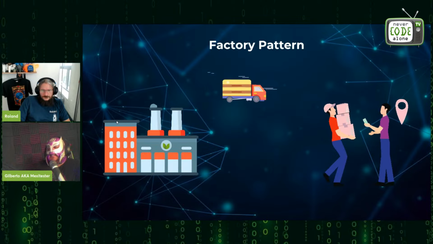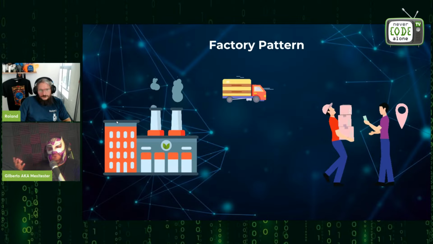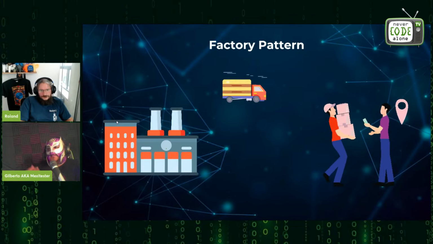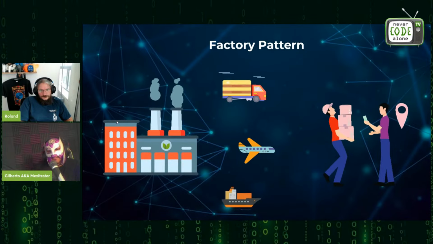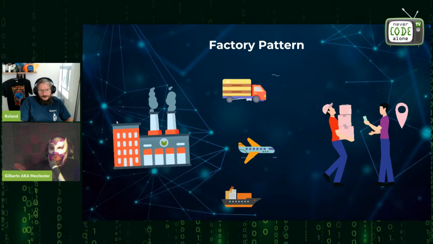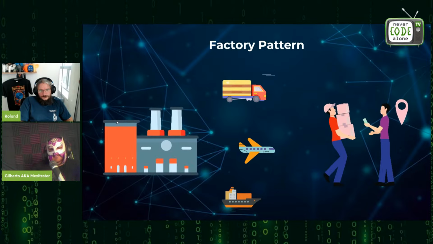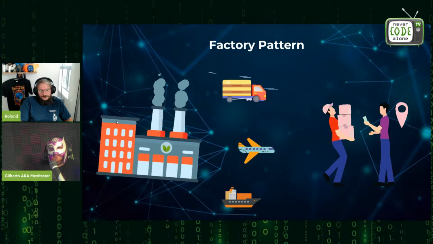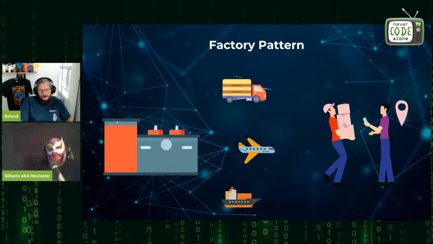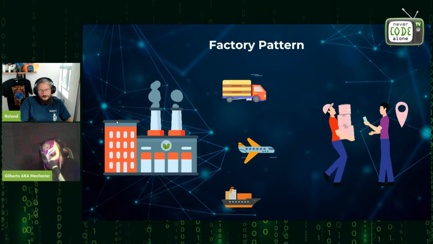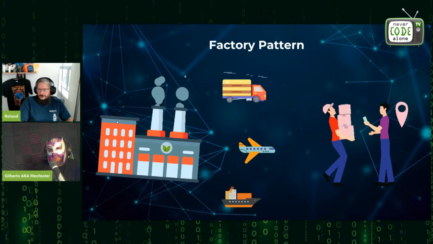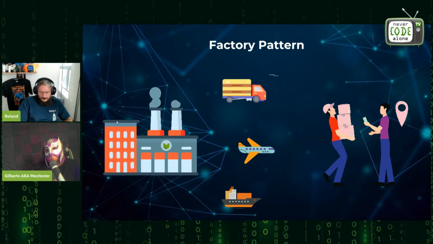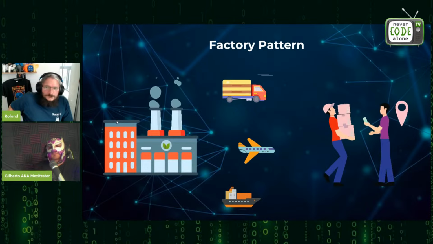This is the idea, and the way to deliver a product could be different: by truck, by airplane, or by boat. The factory doesn't care which way we are going to deliver it. The factory cares about what it needs to deliver. So in this case, the factory is the way to build what we need.